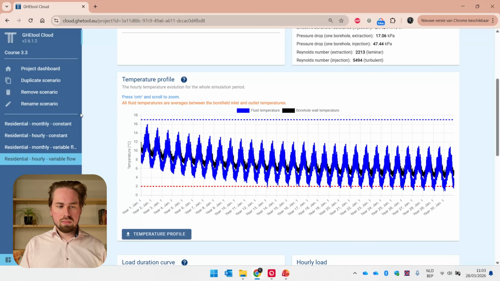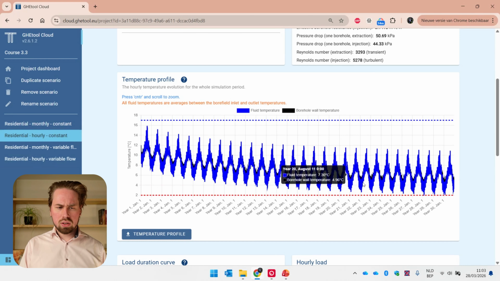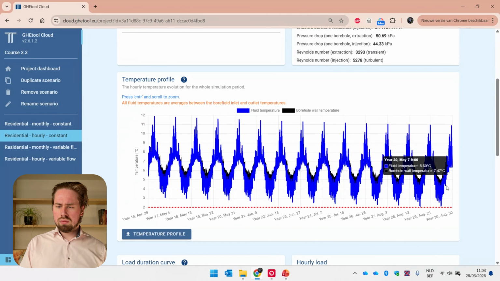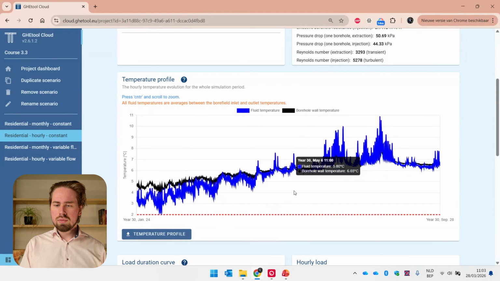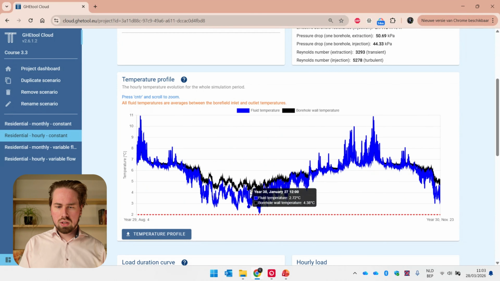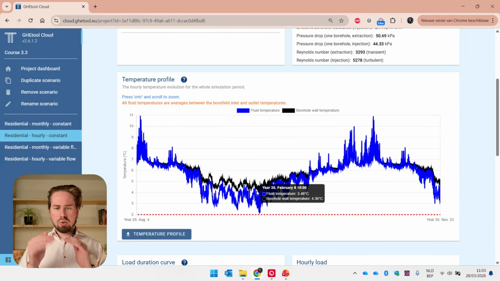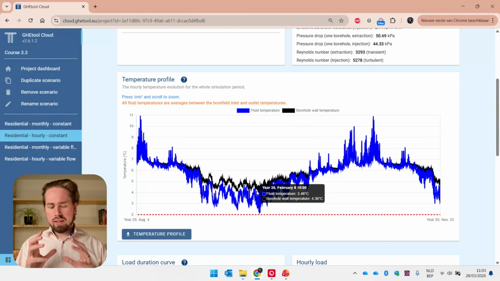And if we zoom in, let me do that first with the constant flow rates, on, for example, the last year in winter. So you can see that our borehole wall temperature and fluid temperature are actually quite good together. And that's because of borehole resistance, as we discussed over on the last part. It's good.